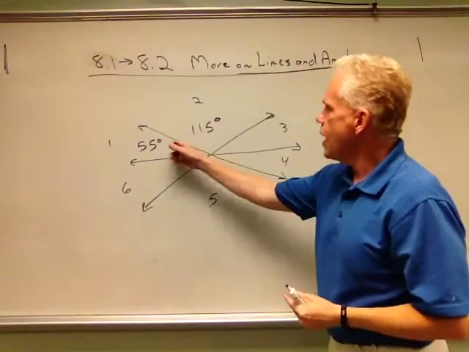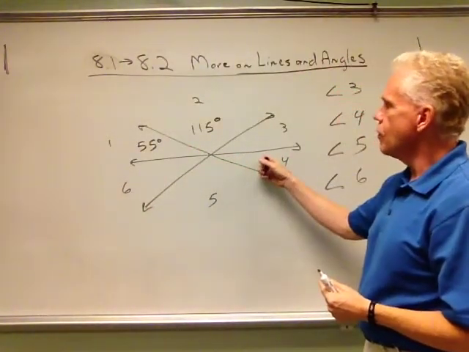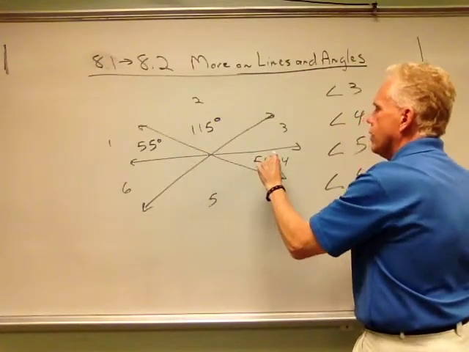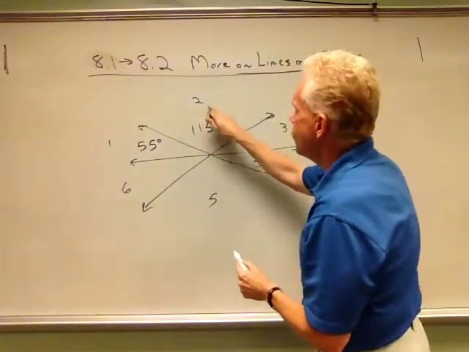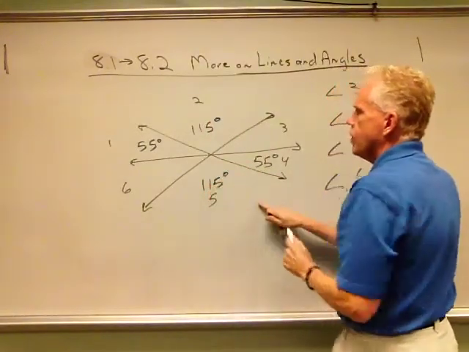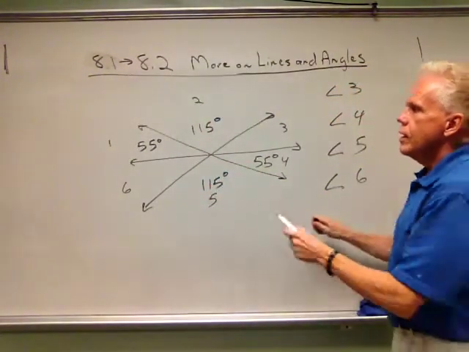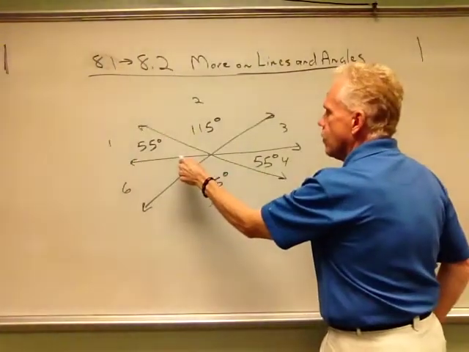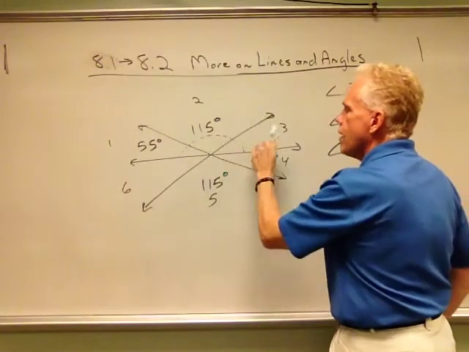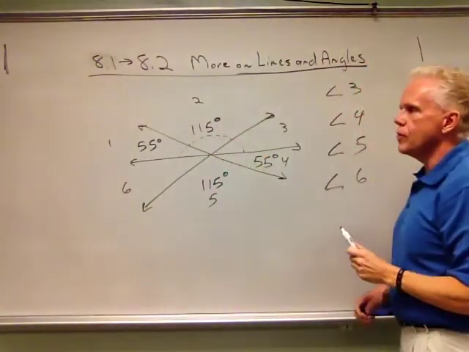Angle 4 is opposite angle 1. Angle 4 is opposite 55. Right here, angle 2 is opposite angle 5, which makes that 115. Now, finally, when you take angles 1 and 2 together and put them with angle 3, you have a set of supplementary angles.